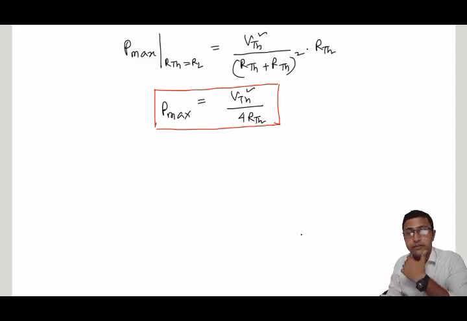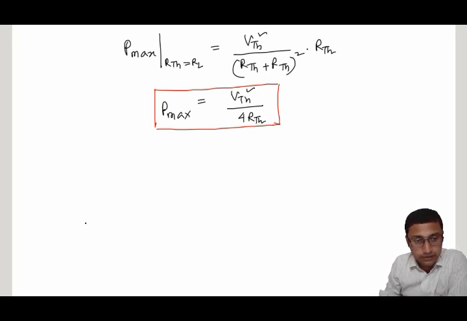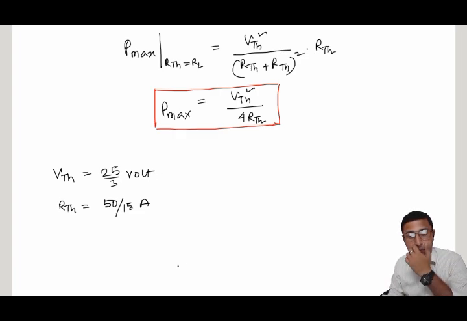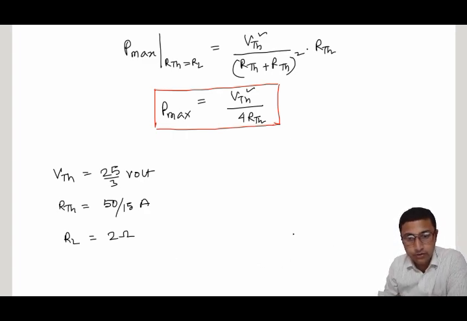From this we got VTH as 25 by 3 volt and RTH as 50 by 15 ampere, and RL was given as 2 ohm. So I am not going to do the detailed calculation again. I am going straight to the maximum power.